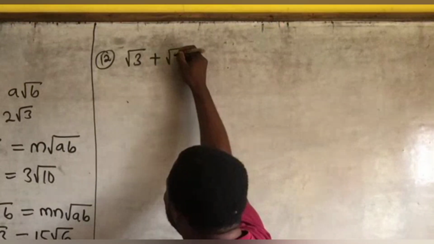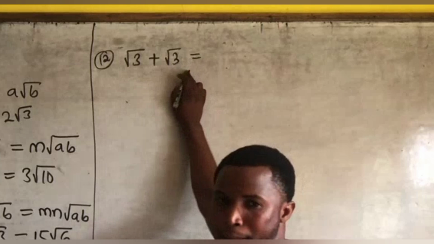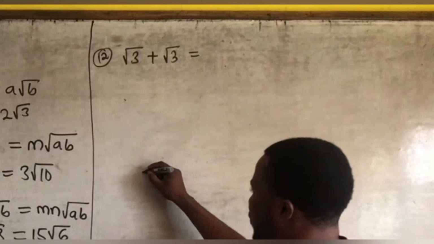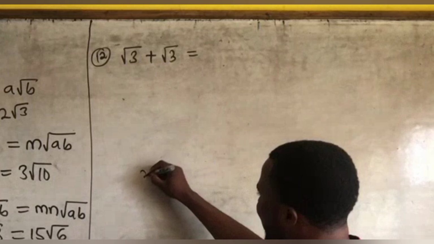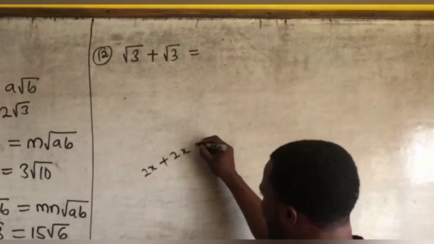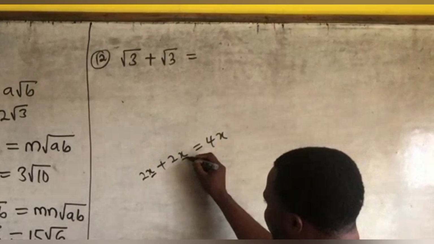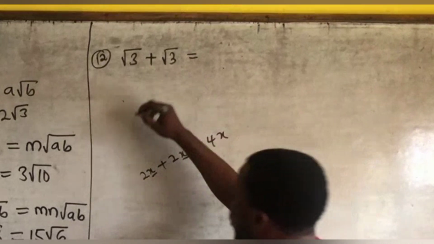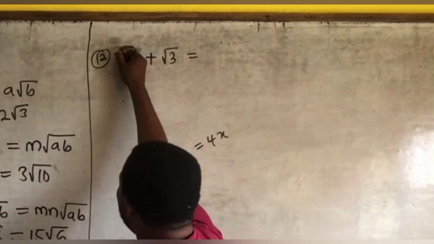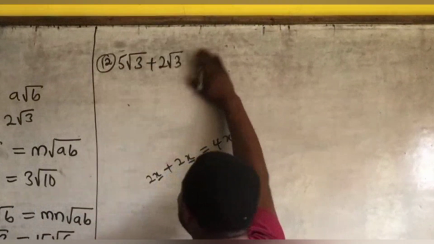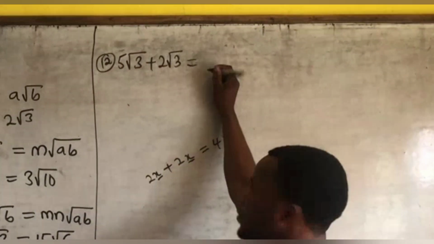But if this one is the same root, this is addition. Now, let me take us back to when we have maybe 2x plus 2x. We say the answer is what? 4x. This s is like the root here. Okay, hold on. Let me start with maybe 5 root 3 plus 2 root 3.